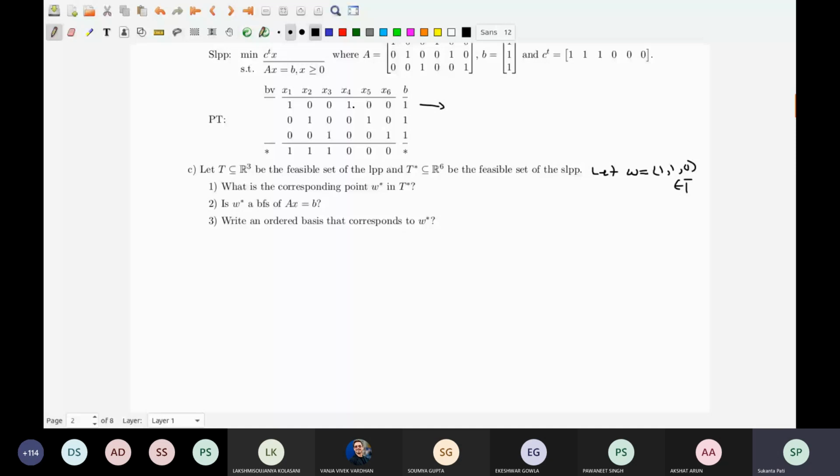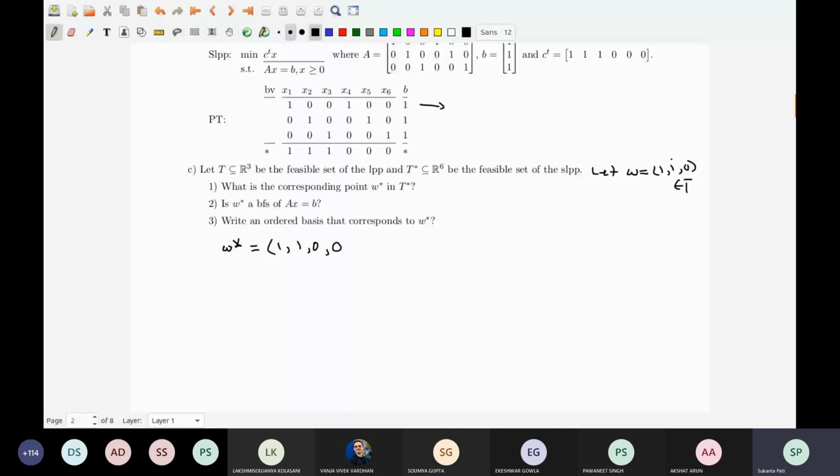Similarly, looking at the second row of the problem table, it says x2 plus x5 is equal to 1. x2 I already have 1 here in W, so the fifth coordinate has to be 0. And look at the third row of the problem table.